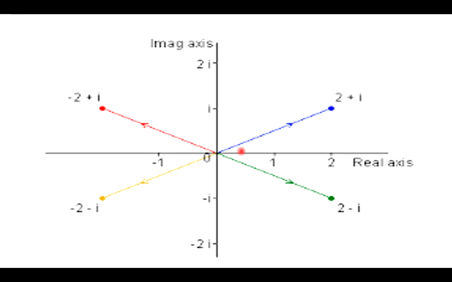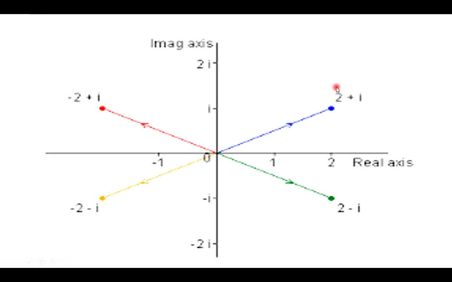Let's look at some more examples. Here we have a complex number, 2 plus iota. The real part is positive and the imaginary part is also positive, so we know that it will lie in the first quadrant.